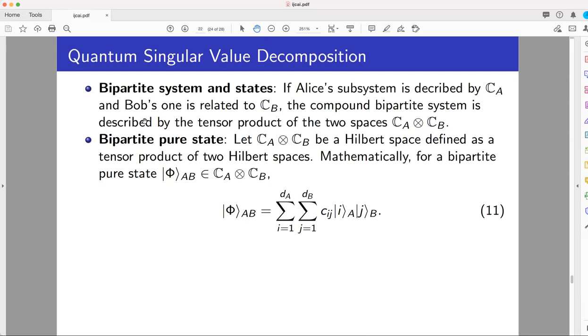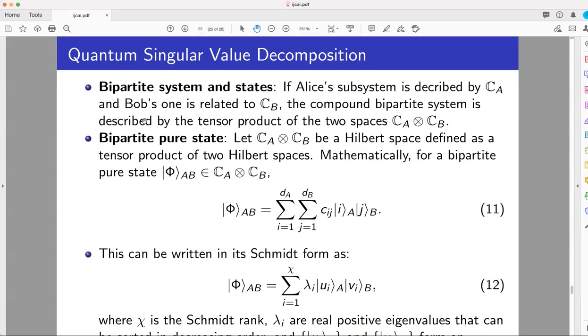Another definition is about the bipartite pure state. The tensor product of two Hilbert spaces can be seen as a whole Hilbert space, defined as the tensor product of the two Hilbert spaces. In doing so, we can decompose a quantum state as a linear combination of the bases from the two Hilbert spaces.